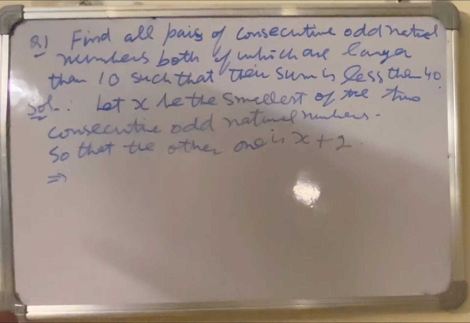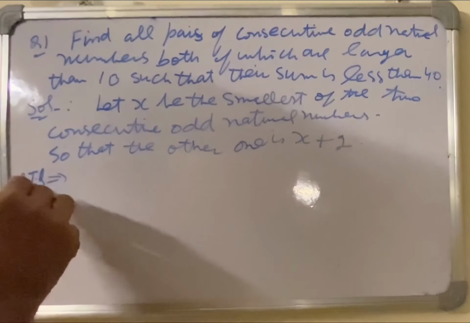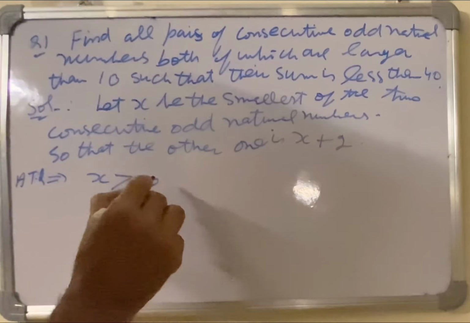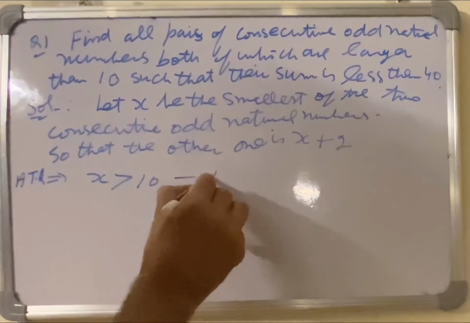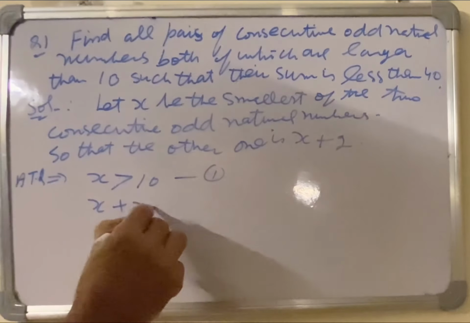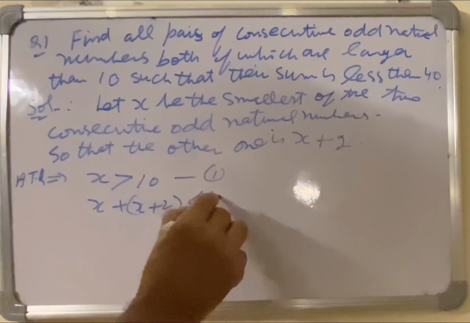According to the question, x is greater than 10. This is number first. And x plus 2 is less than 40. This is number second.